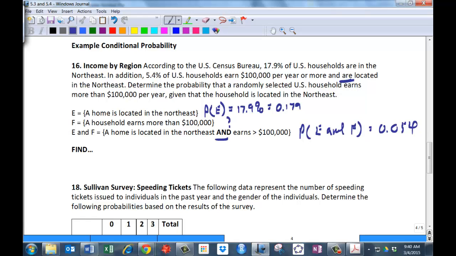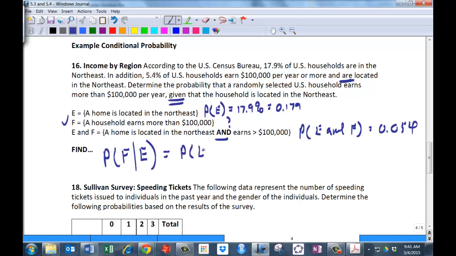So now we want to focus on this word given. Okay, find the probability that a randomly selected U.S. household earns more than $100,000 per year. So this one here, F, probability of F, given, right? That's where we draw the bar. The household is located in the Northeast. Okay, that's E. Okay, so we're going to use the definition here.